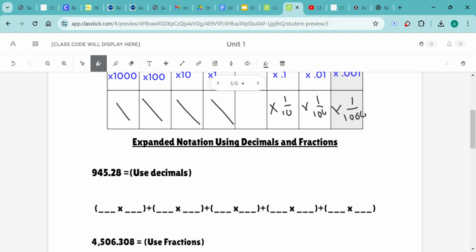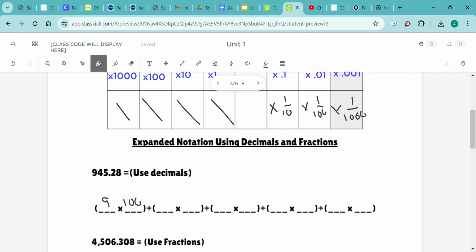Let's practice writing it in expanded notation. Remember, this 9 is in the hundreds place value. So what do I do to numbers in the hundreds place value? I multiply it times 100. I'm going to take the digit I have in that place value and write that first. I have a 9, then I multiply it times the place value that digit is in.